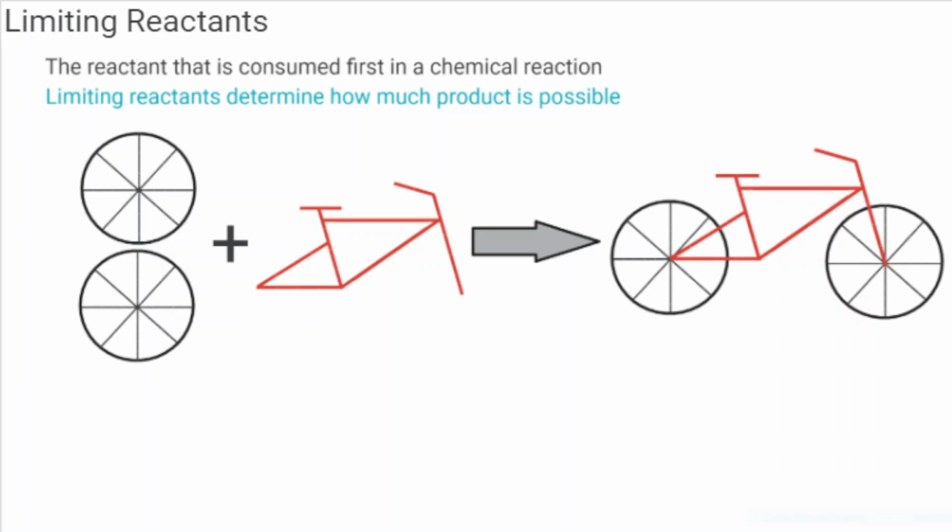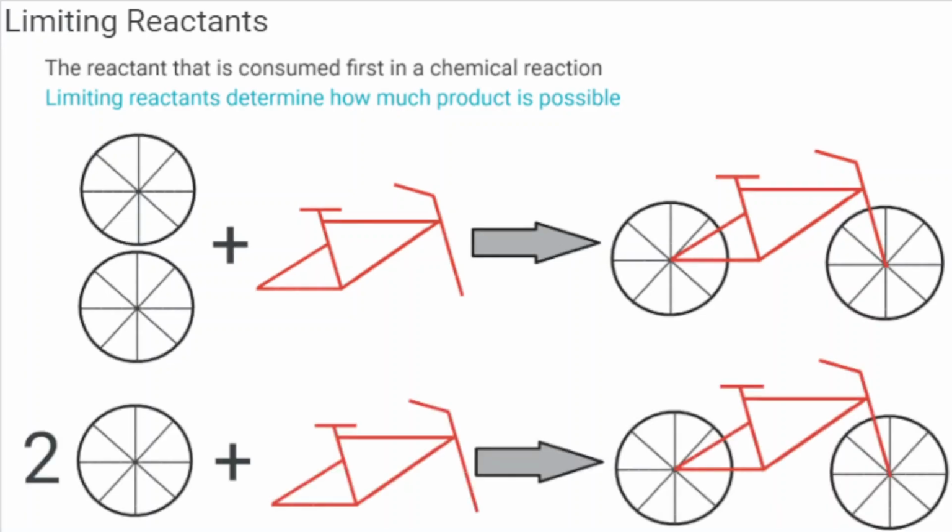Another way of writing this out would be to put a 2 in front of the wheels to serve as our coefficient. This is oftentimes how we do chemical reactions, because it takes time to write out chemical reactions and draw the molecules. So a lot of times we'll use coefficients because it's just a lot faster.